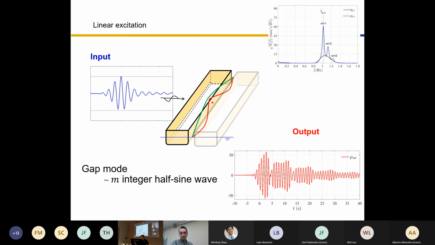That is another vibration mode, or surface elevation mode, inside of the gap. Each one is an integral number of half sine waves, because this is a beam-sea excitation, a symmetric excitation. So we get the odd modes, which are symmetric with respect to the center of the gap.